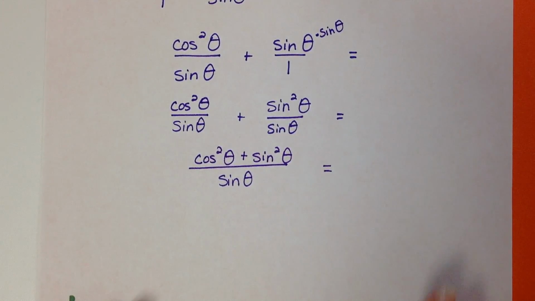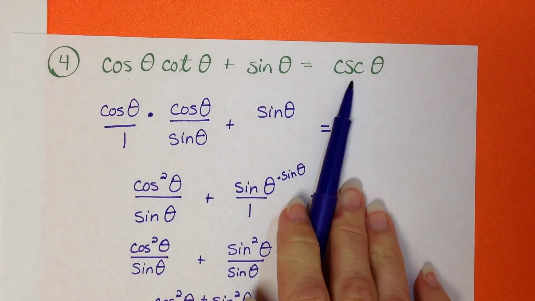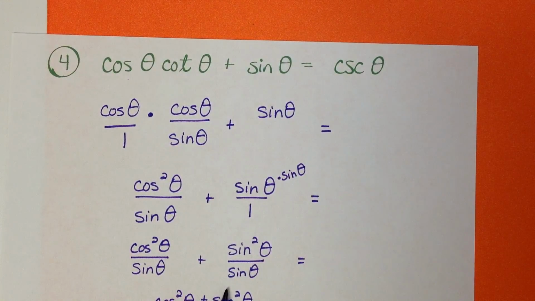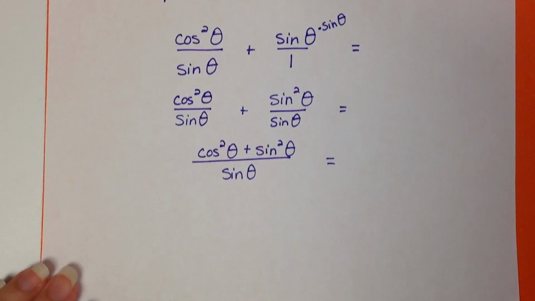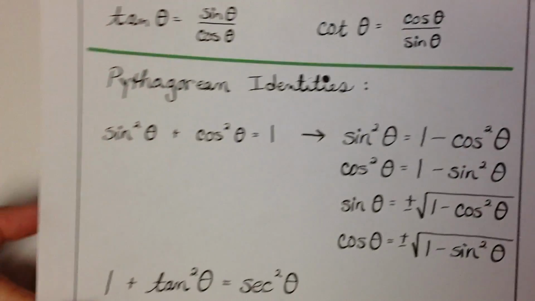Okay, now keep in mind what we're working toward here. I've got cosecant. Now I've got everything in terms of sines and cosines, so you should hope that you probably end up with just some sines, because you can take a 1 over sine to be your cosecant. Alright, look back at your Pythagorean identity, and we used this a while ago.